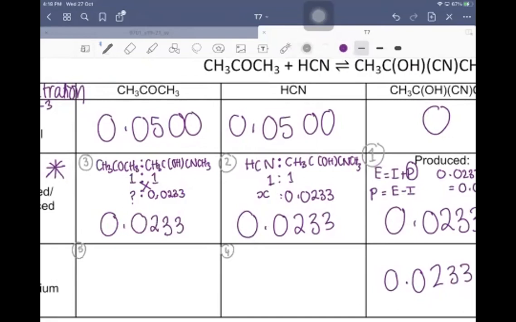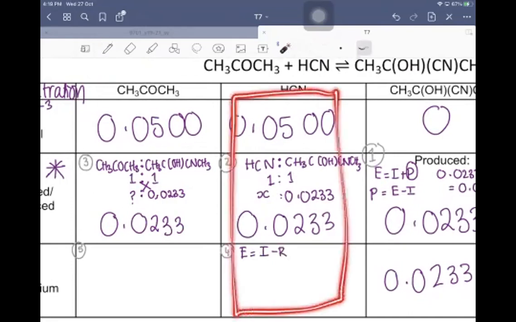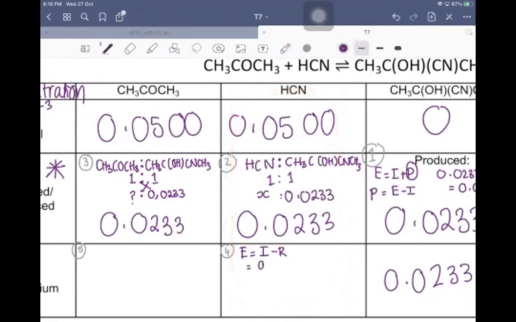So to find E, E is equal to I minus R. If you want to find the equilibrium of HCN, you should stay inside the column of HCN. Don't use other species' values. So that happens to be 0.05 minus 0.0233, and that should give you 0.0267. And then the same thing for propanone as well.